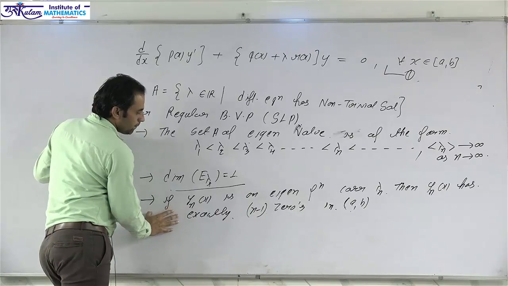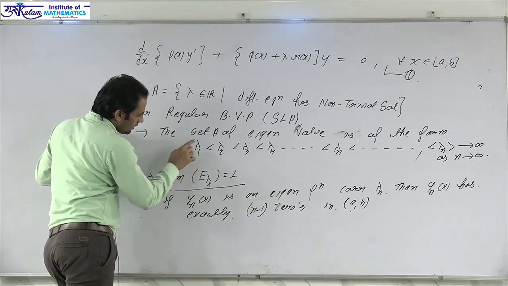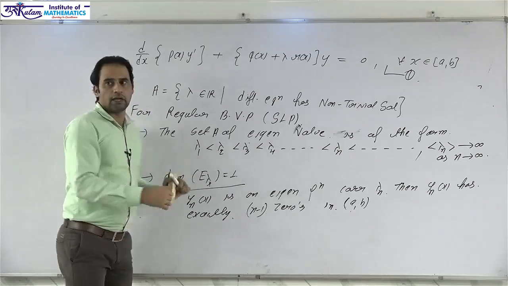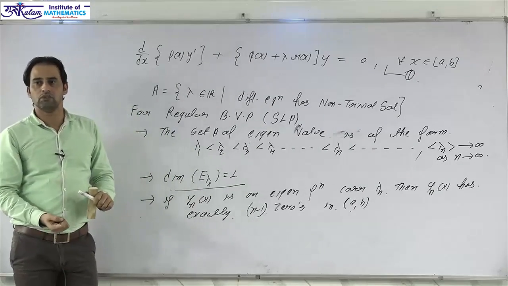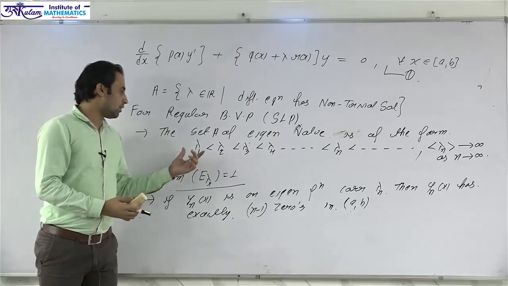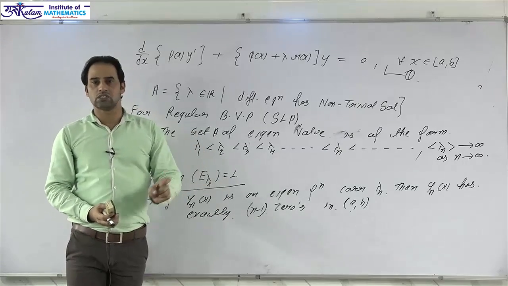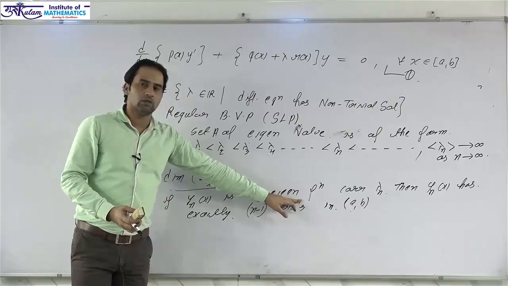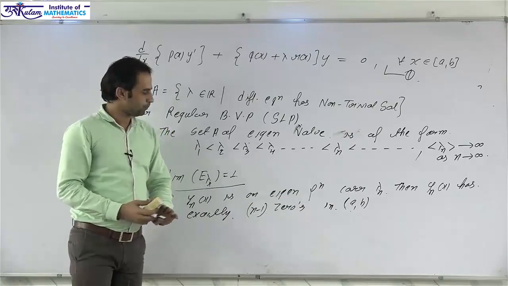So this is the main property, and since corresponding to lambda 1 the eigenfunction does not have any zero in the open interval AB, this eigenfunction does not change its sign in the open interval AB or closed interval AB.